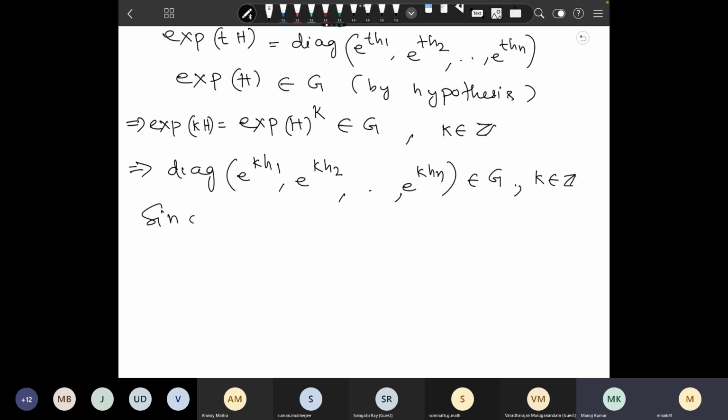Since G is pseudo-algebraic, G is given by some polynomials.